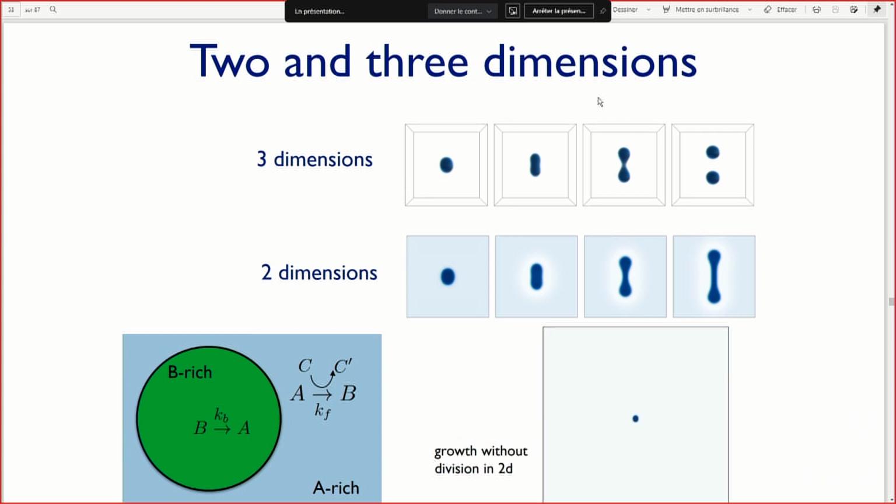And as a result, if you solve the same equations in 2 dimensions, what happens is there is instability. It starts to extend, but it doesn't split. And you get one structure that grows in an unstable way, but it doesn't split into different objects.